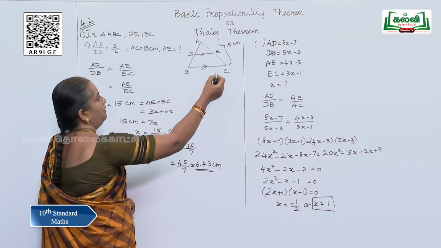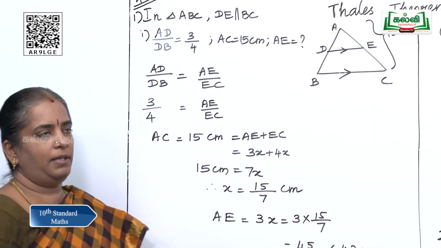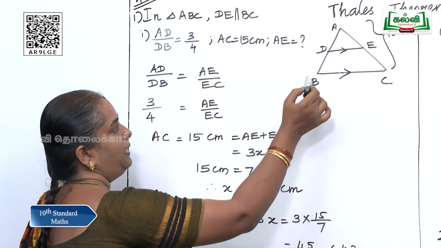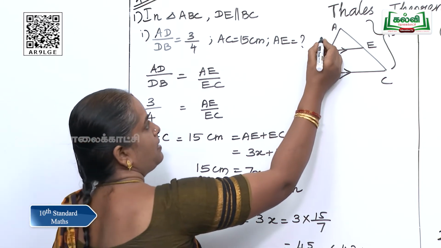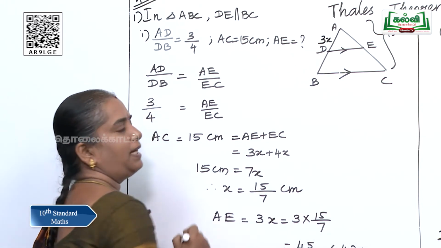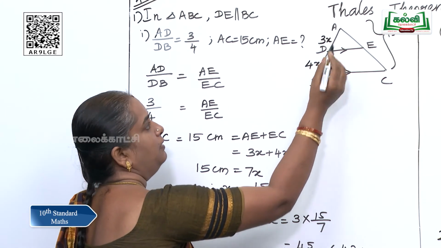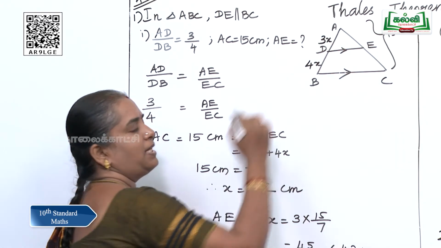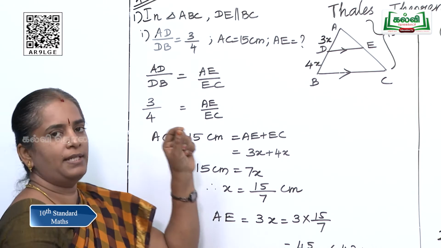Look at this triangle ABC. Here DE is parallel to BC, and AD by DB is given as 3 by 4, which means AD is 3 parts, or let us name that 3x, and DB is 4x. Here AC is given as 15 centimeter. The easiest way is to write the Thales theorem first.